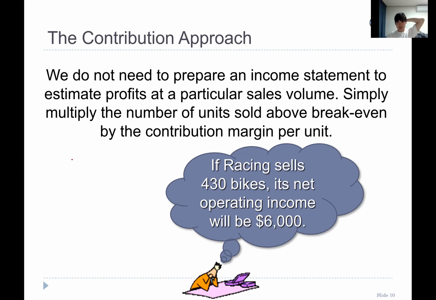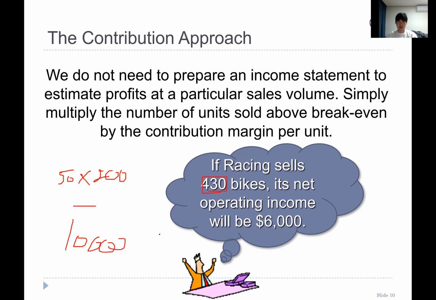If it's 450, then it's multiplying 50 by 200, right? Yes, 50 multiplied by 200. So rather than making the whole statement, you can easily calculate, okay, 10,000 would be the net operating income. So this is how handy it is, right?